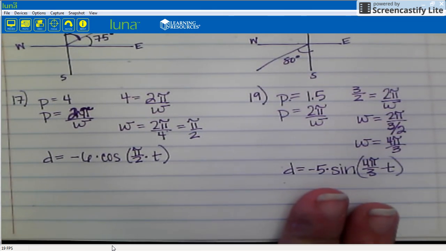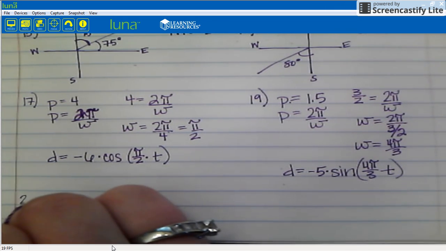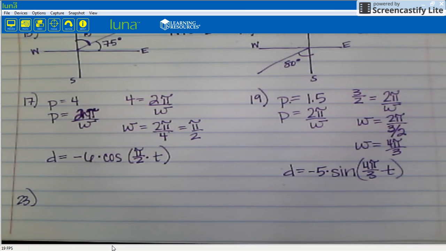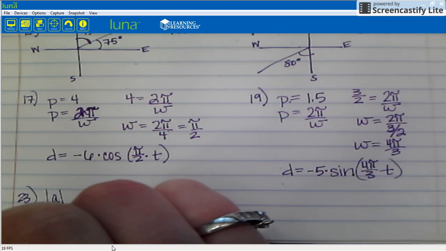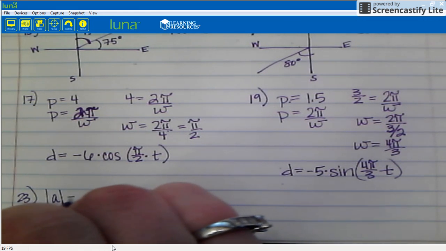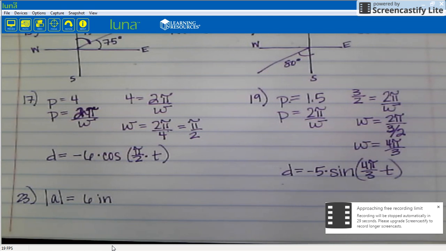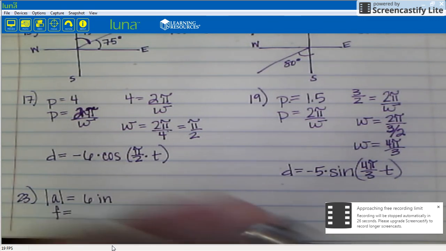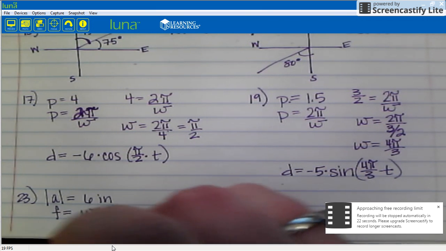And in 23, you are still dealing with simple harmonic motion, and you're asked to find one, the displacement, which is your amplitude. So the absolute value of A is going to be 6, and we're dealing with inches. My frequency is W over 2 pi, and W in this case is 2 pi.